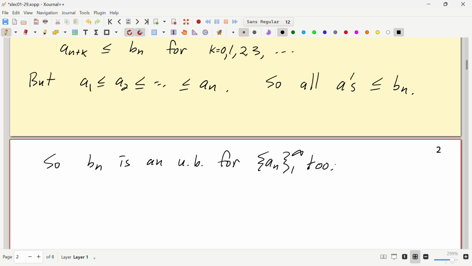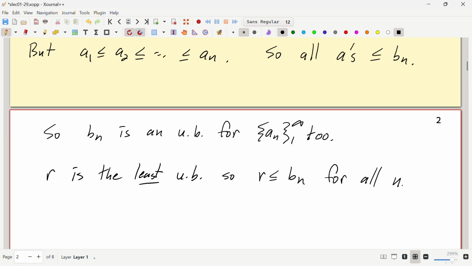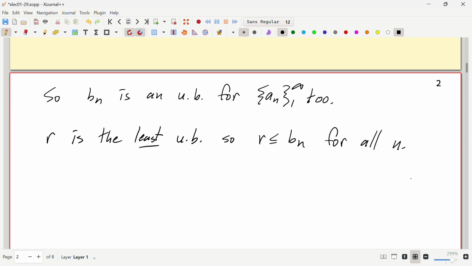So let's see. Remember, R is the least upper bound. So R is less than or equal to bn for all n. And so the bn's have a lower bound. So the bn's are bounded below.